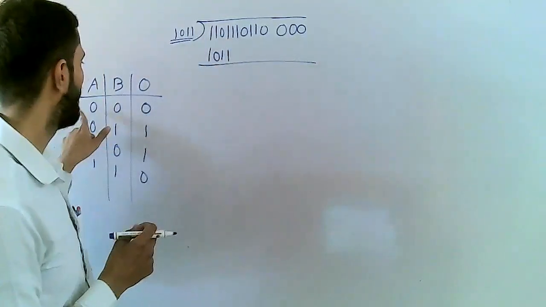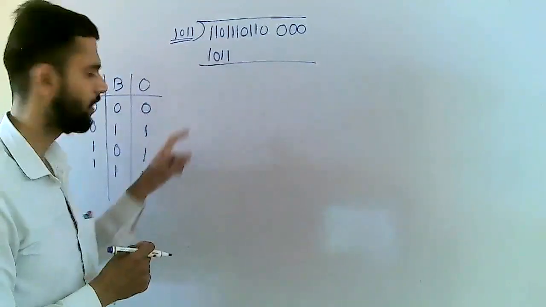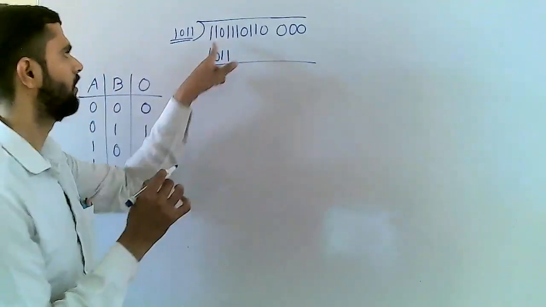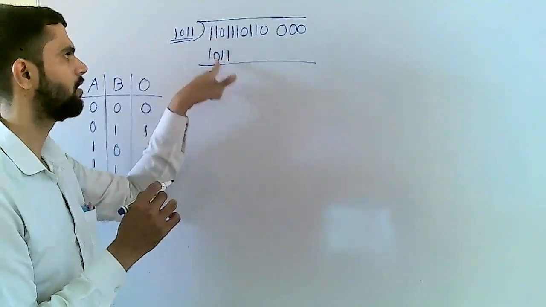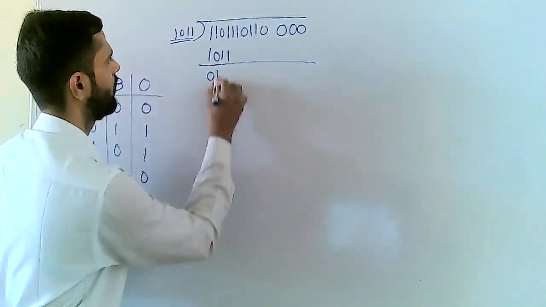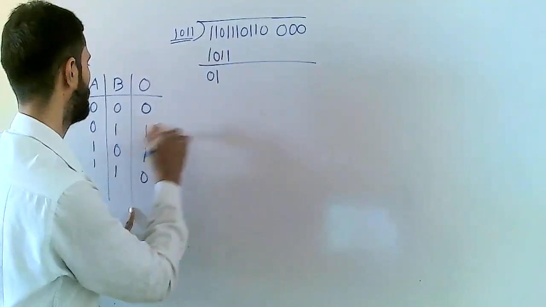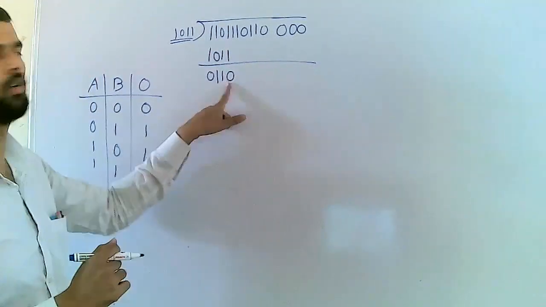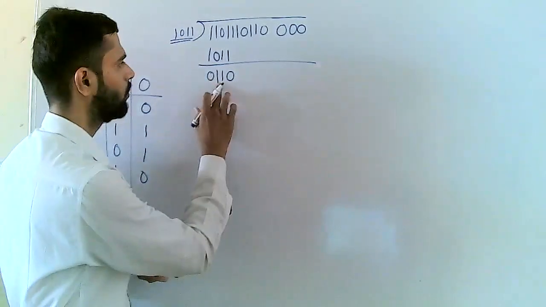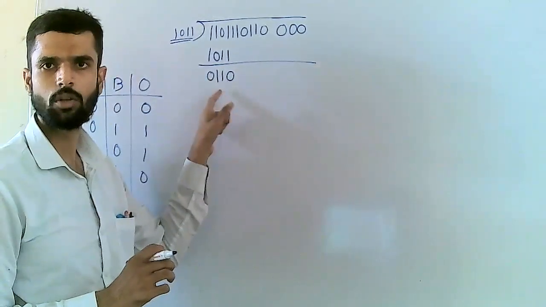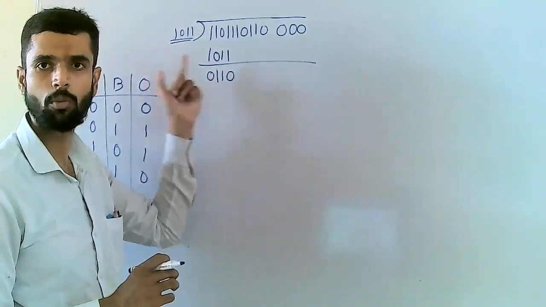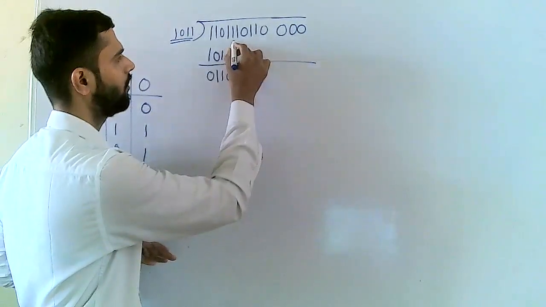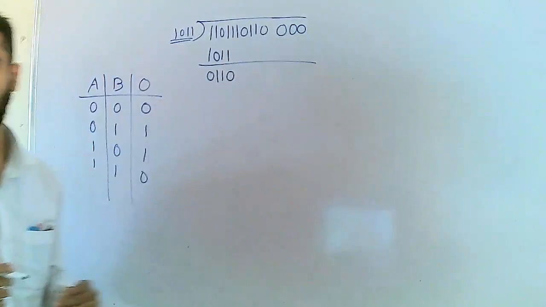If both values are 1, what is the output? Just look at the table: it is 0. If the values are 1, 0, the output is 1. If the values are 0, 1, the output is 1, and if both values are 1, the output is 0. So we have to maintain the length of the divisor as 4, and we have to take one bit from the data bits.